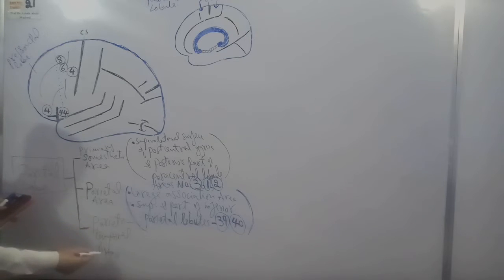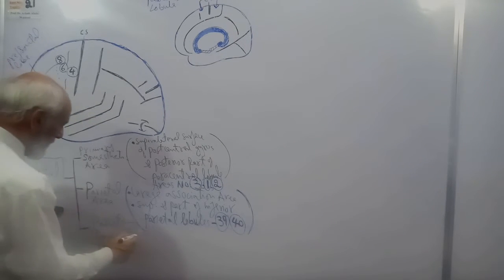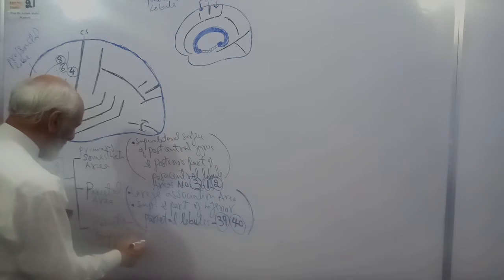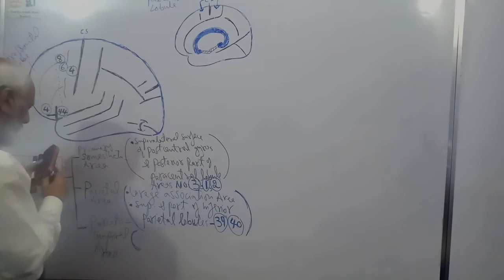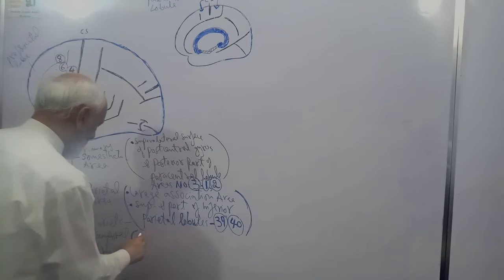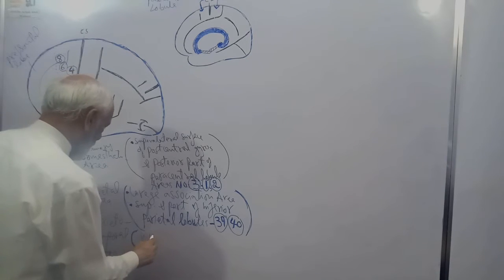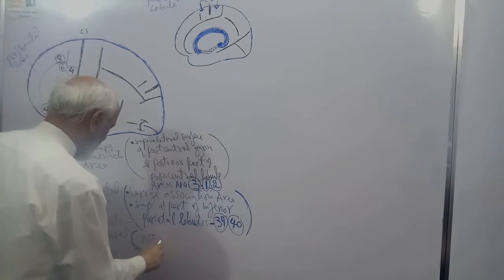Now parieto-temporal area, as its name indicates, part of the parietal lobe and part of the temporal lobe. It is also known as Wernicke's area.